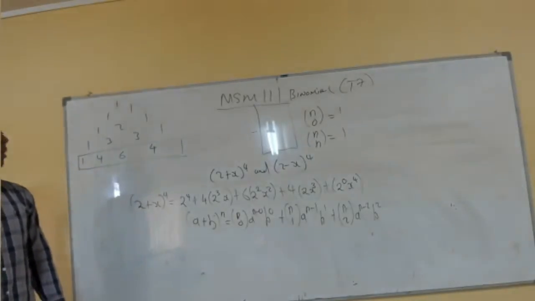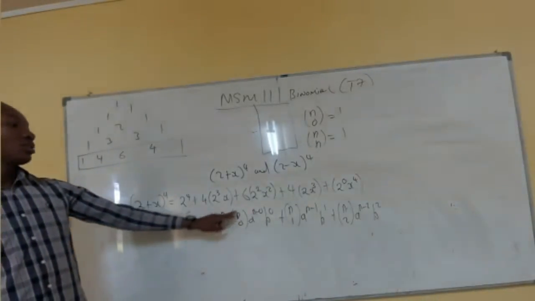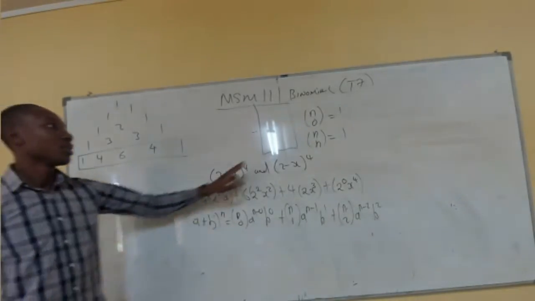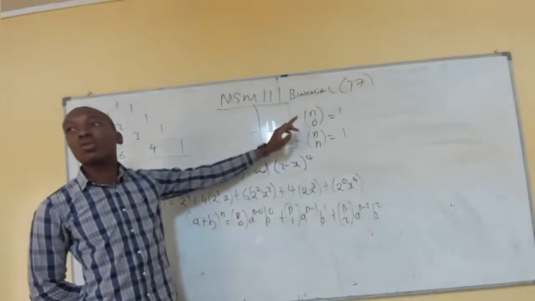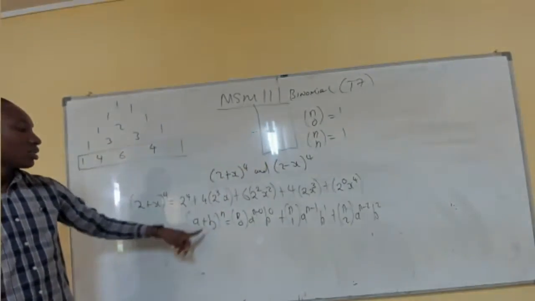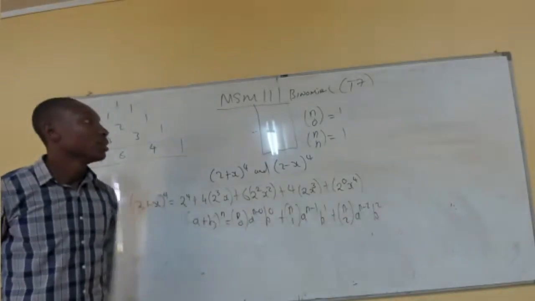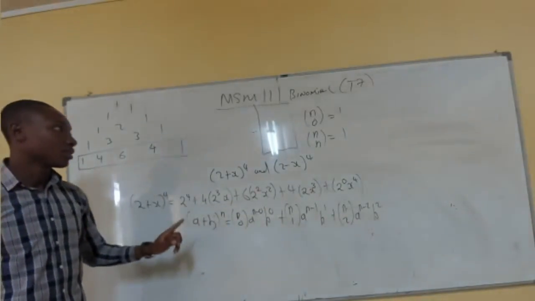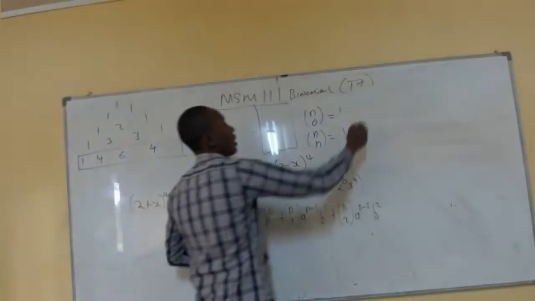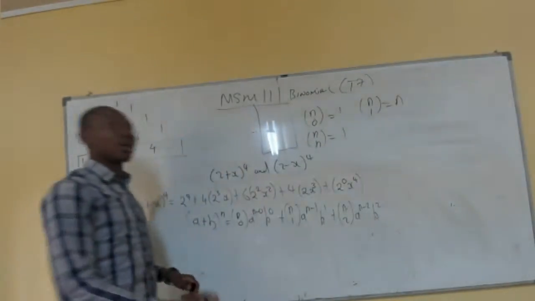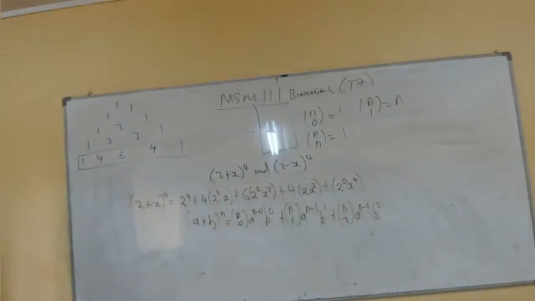So n choose 0 is simply 1. So this is where the 1 is coming from. n choose 1 is simply n. So another one which you need to take note of is n choose 1 is always n. Okay, so those are important to know.